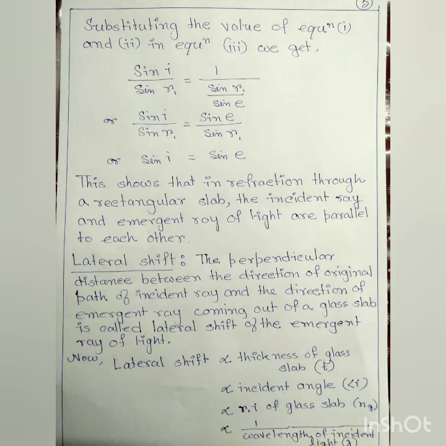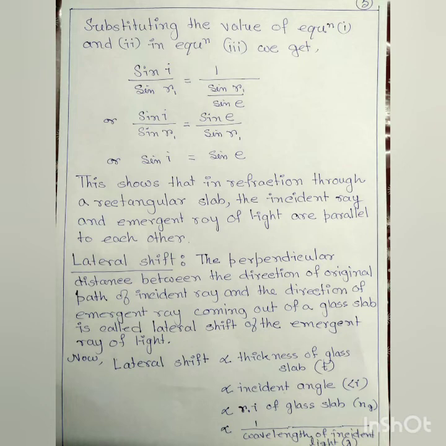Now, what is lateral shift? The perpendicular distance between the direction of the original path of the incident ray and the direction of the emergent ray coming out of a glass slab is called the lateral shift of the emergent ray of light. Now, lateral shift depends on some factors.